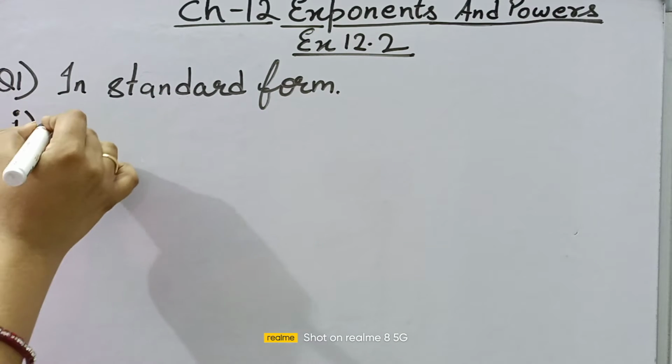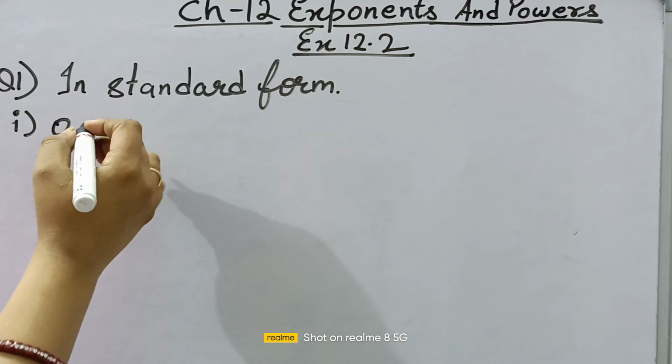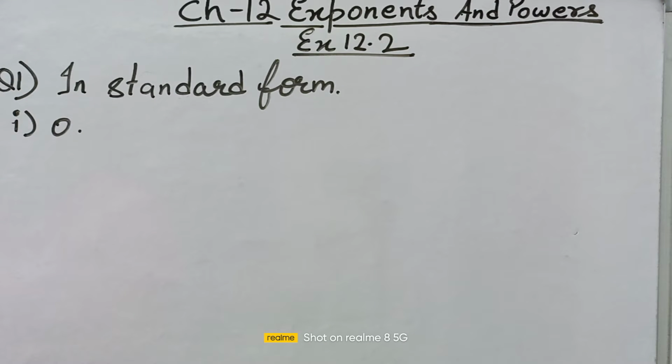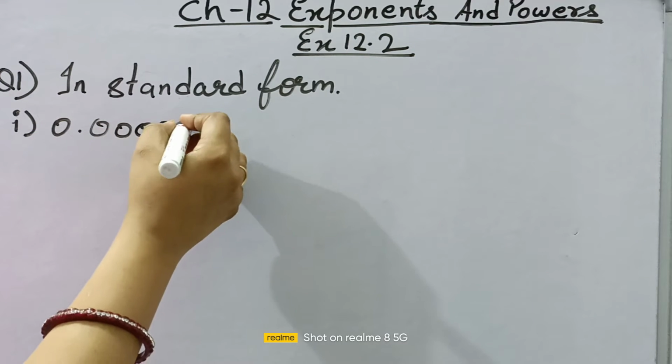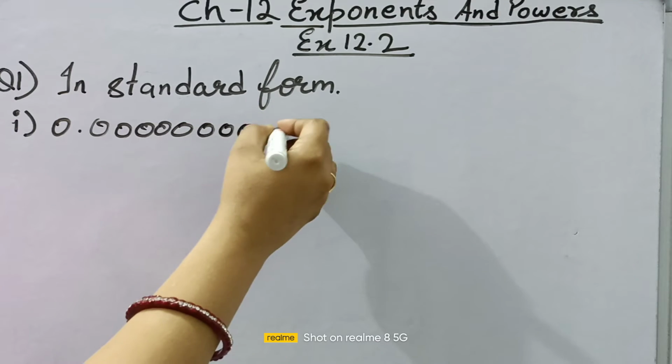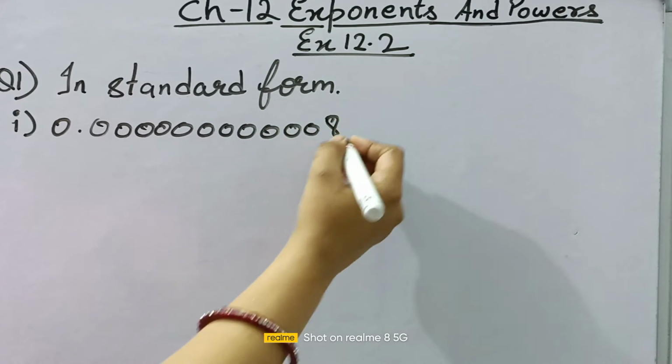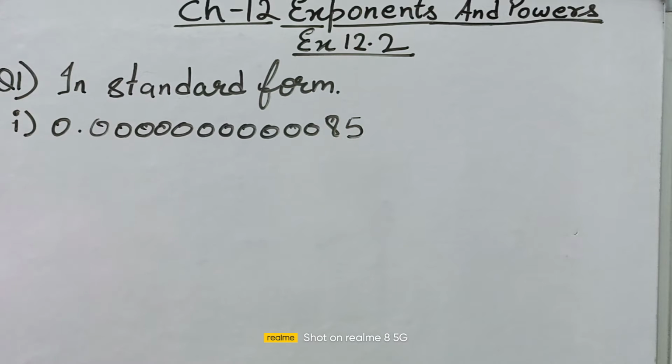So first is 0.00000000000085. So this is the number given for the first part.